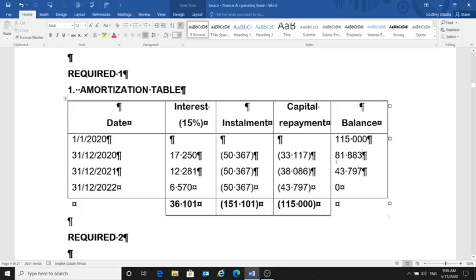You can calculate this, for example, this figure, the 881,883. There's a long way, there's a shorter way. I can take this and then say minus this. You'll see it will give you the 881,883. Or you can do it the longer way: say 115 plus this minus this.